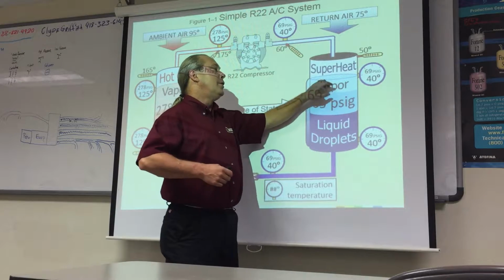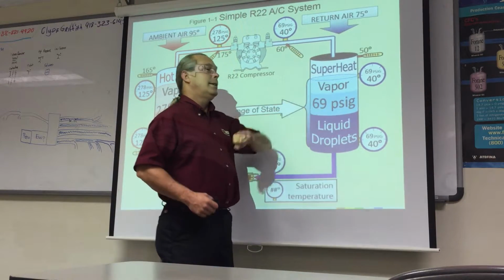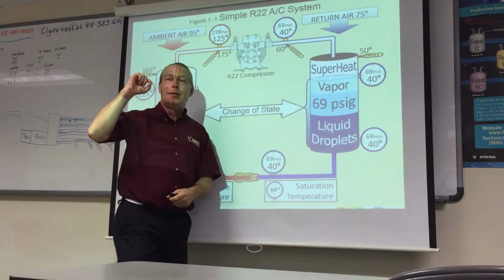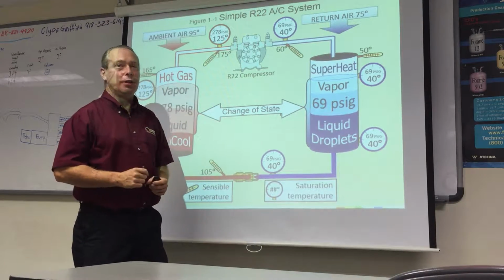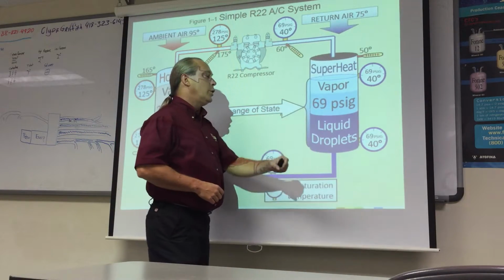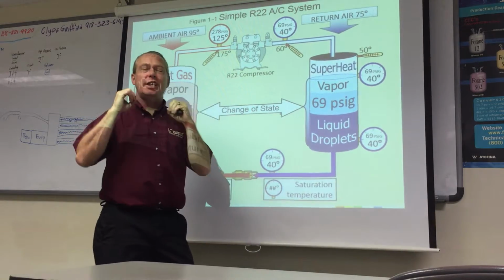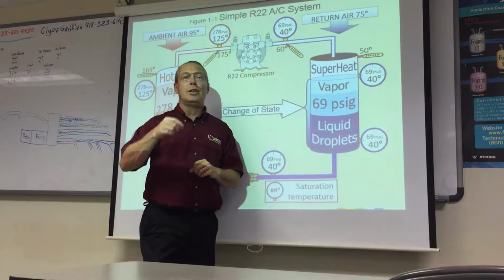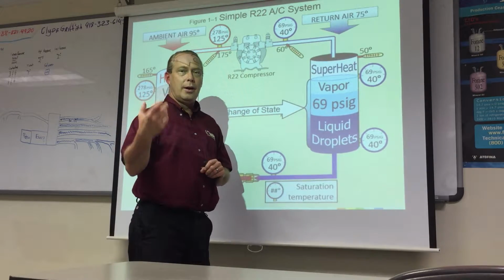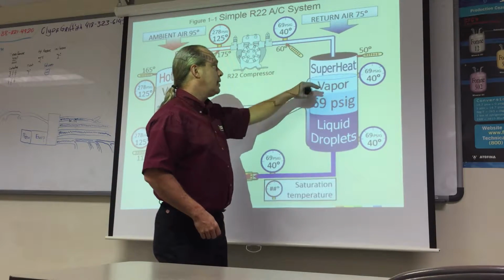And finally, when the last little droplet of liquid is gone, we can begin to superheat. We were at 40 degrees this whole time as we changed states, not temperature, states, from liquid to gas.